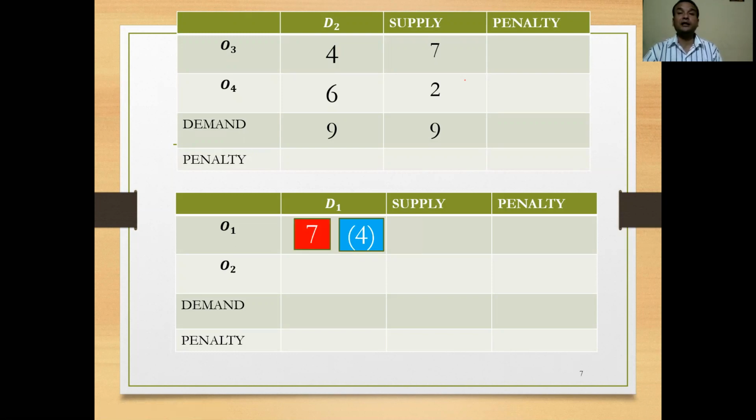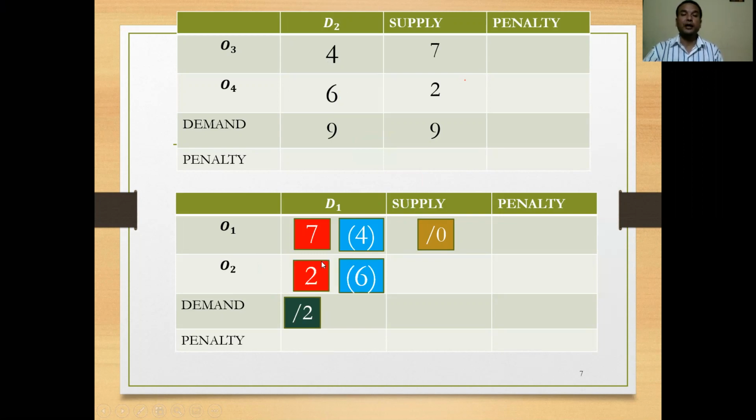After supplying 7 items, the total supply item in origin 3 becomes 0, and in destination 2 demand is still there. Out of 9 demands we have supplied 7, so there are 2 demands still available, and these 2 demands will go there because the supply item is also 2 and demand is 2, and that will go to 6.